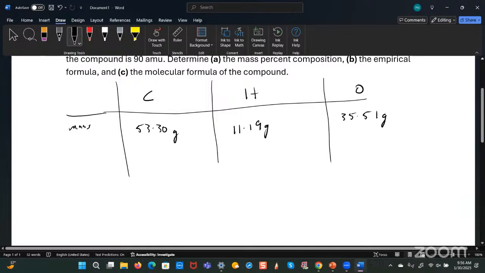Okay, so if you remember, if you're given percentage values, then you assume 100 grams of the substance, which means that the percentages would be equivalent to the mass in grams of each element present. So let's see if you remember what we did the last time. What's the next step? Now that we have the masses, what's the next step? We divide by what? Not yet. Before that, we find the moles.